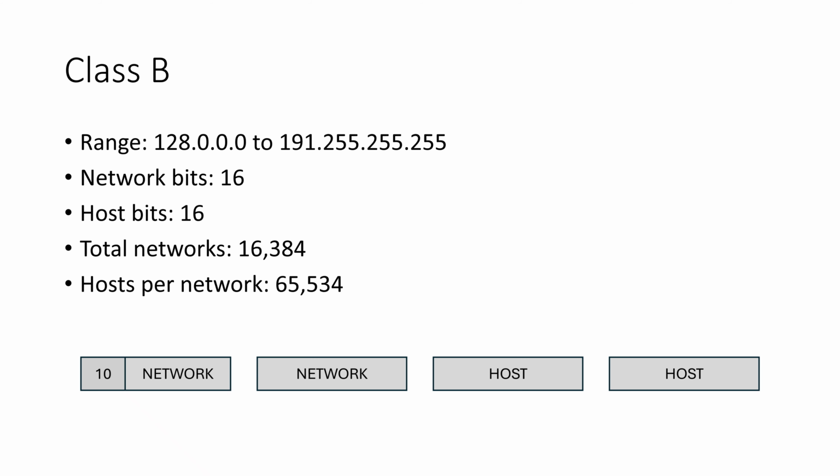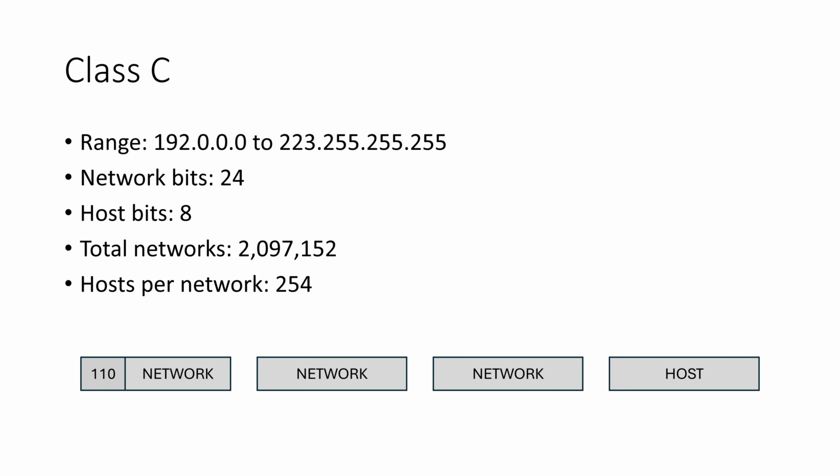This gives us 16,384 possible networks, and each network can have up to 65,534 hosts. Again, subtracting two addresses for network and broadcast. Class B was typically assigned to large universities, internet service providers, and sizable companies. It struck a better balance between network and host allocation than Class A, but it still left room for inefficiencies.